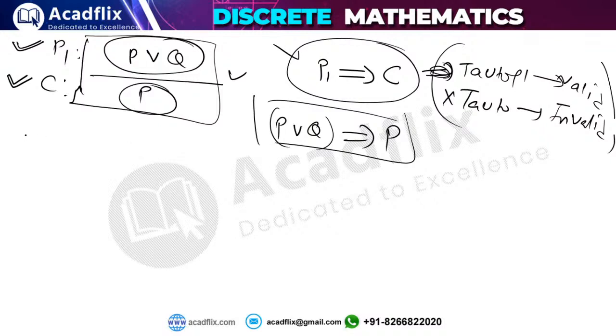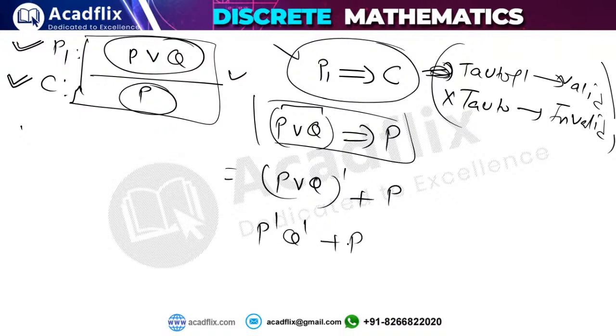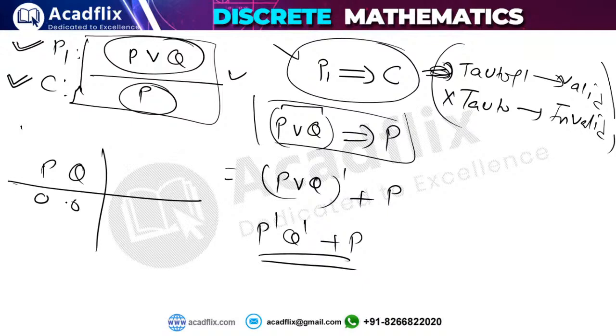LHS implies RHS can be written as LHS dash plus RHS. Now here you can apply the De Morgan formula. So you will get P dash Q dash plus P. Now just look at this, P plus P dash Q dash. If you want, you can also make the truth table and see 0 0, 0 1, 1 0, 1 1.